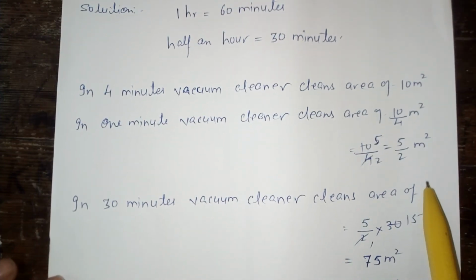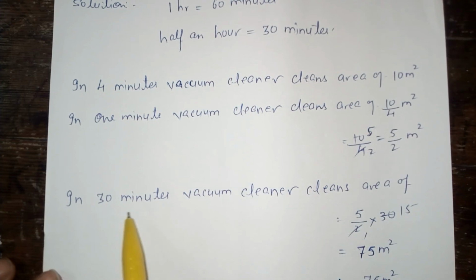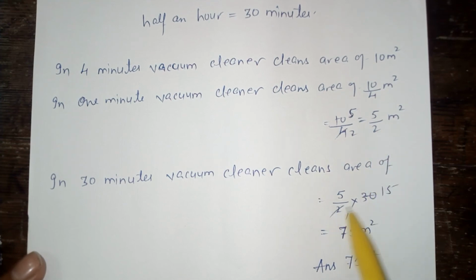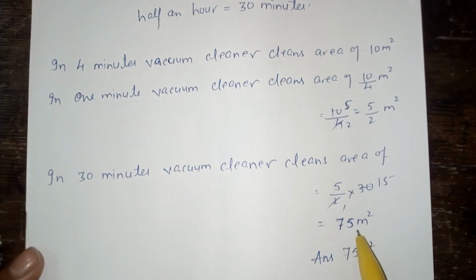Now in 30 minutes, the vacuum cleaner cleans an area of 5 upon 2 into 30. 2 1s are 2 and 15 2s are 30. Again 15 5s are 75.